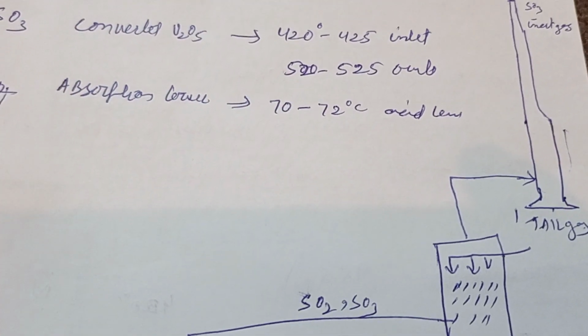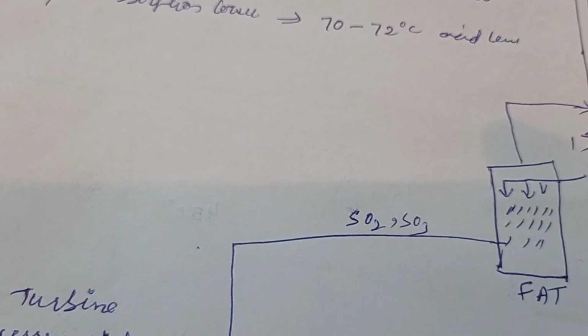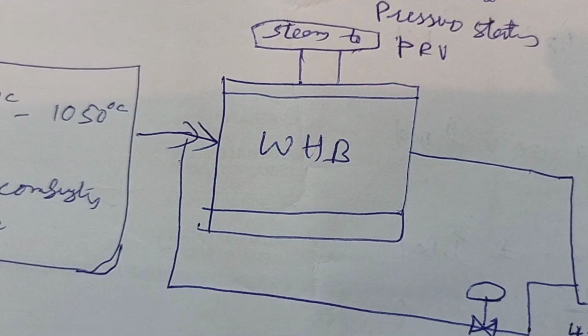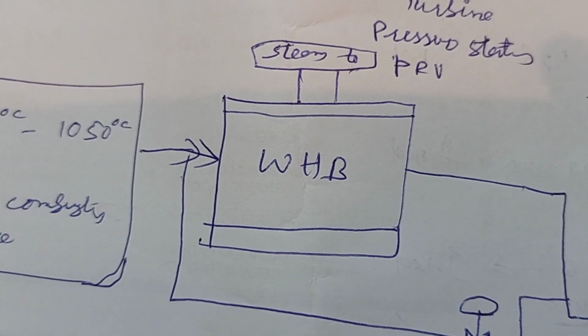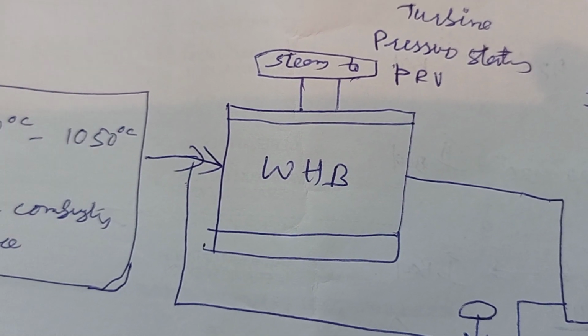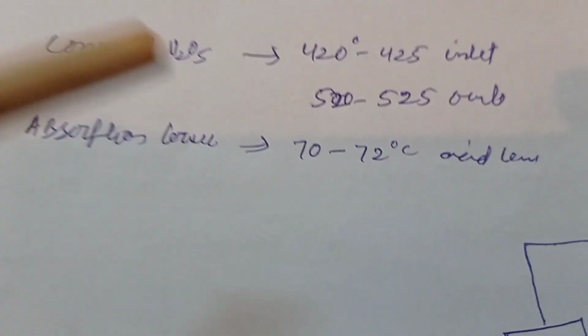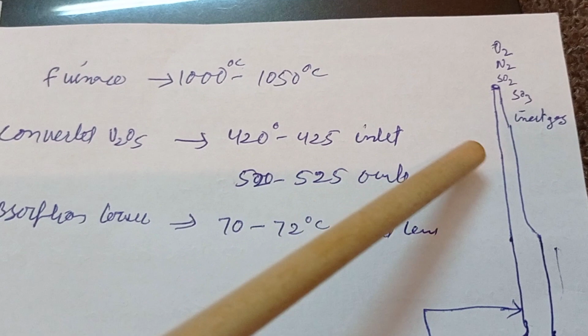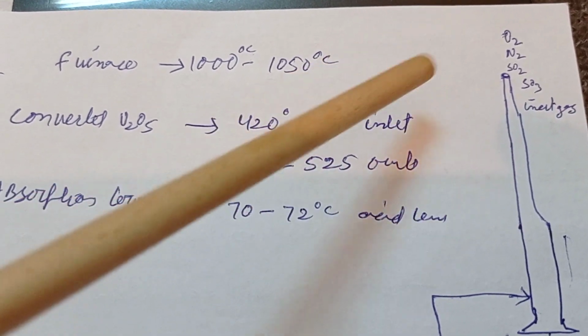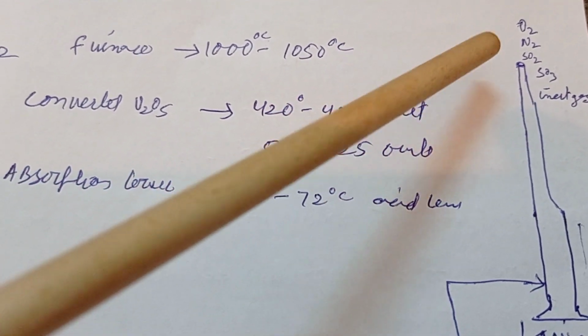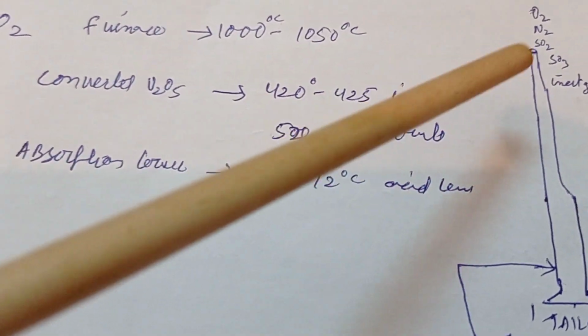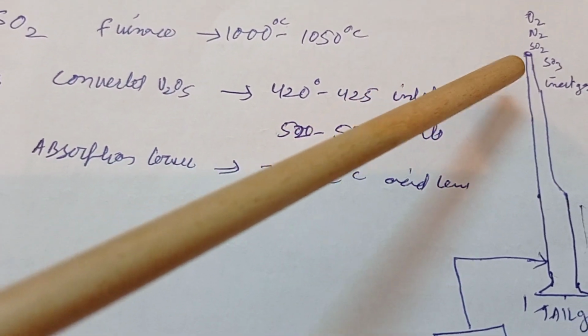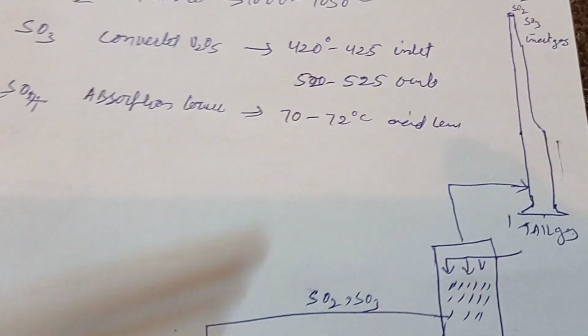In air we have mainly 21% oxygen and 79% nitrogen and inert gases. So the gas flows, but the oxygen percentage is very low because oxygen is consumed. Mostly nitrogen goes, with some amount of SO2, SO3 and inert gases. These are the tail gases.